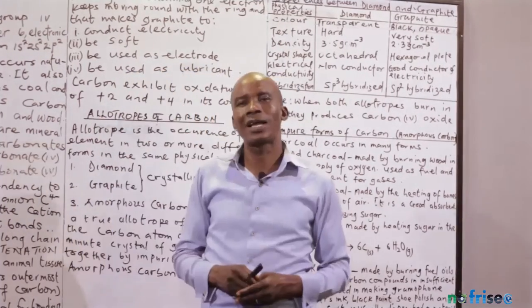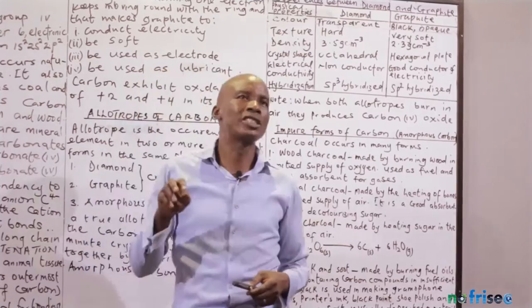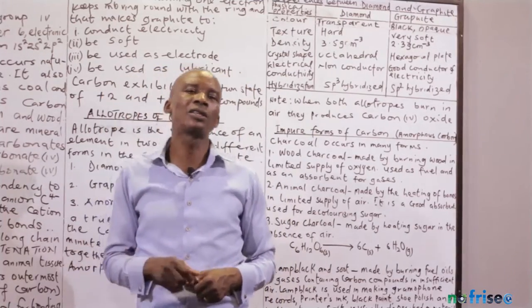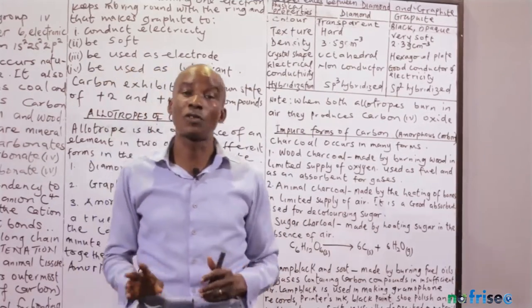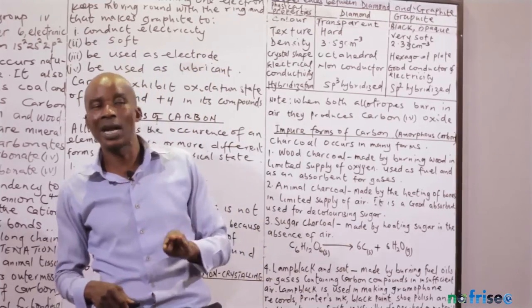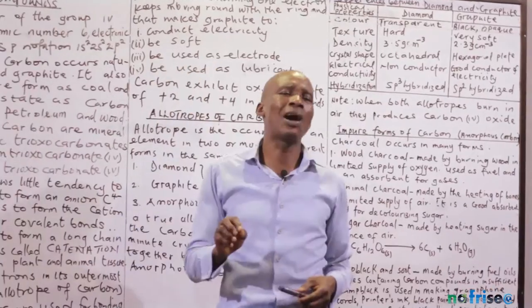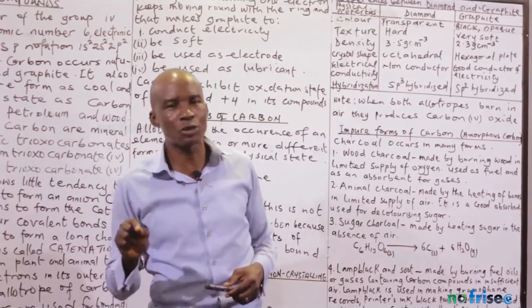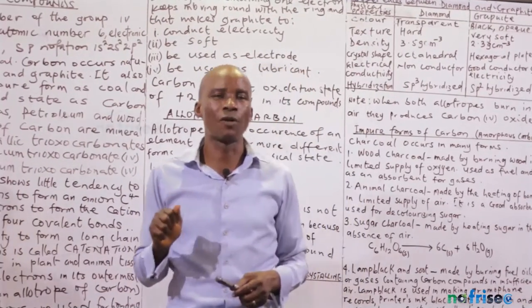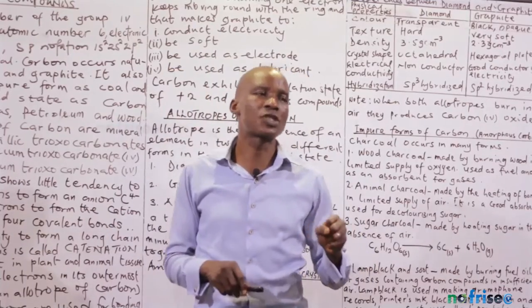If you look at diamond, an allotrope of carbon, all 4 electrons in the outermost shell are used for bonding. And that makes diamond the hardest substance known. But for graphite, another allotrope of carbon, out of the 4 electrons in the outermost shell, 3 are used for bonding. The remaining 1 electron keeps moving around.